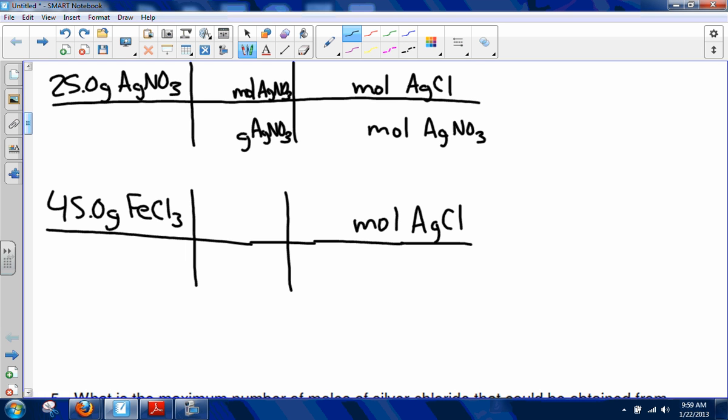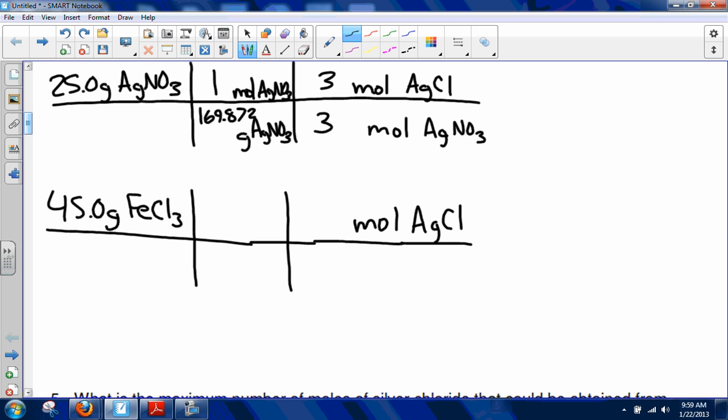Okay. What's the coefficient in front of the AgCl? What's the coefficient in front of AgNO3? 3. Okay. And what did we calculate the molar mass of silver nitrate to be? 169.872 grams per mole.